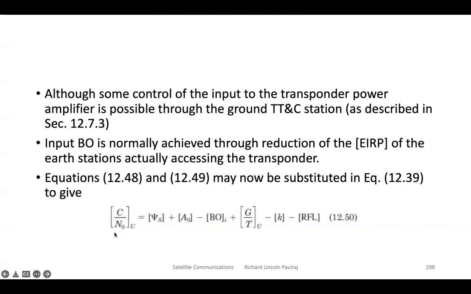So this is going to be your final formula: C by N naught for your uplink, then your flux and area, back off with respect to input, gain, T temperature, Boltzmann constant, and RFL, which is feeder loss.